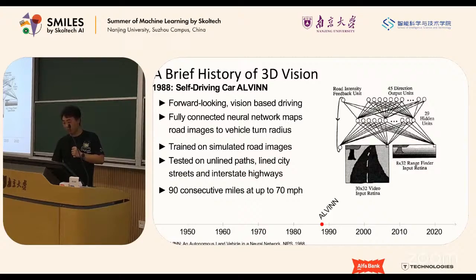Although the network was very small by modern standards, it was tested on multiple road types and demonstrated that driving behavior could be learned from visual data. So actually, even 40 years ago, researchers had already tried neural networks for self-driving applications.